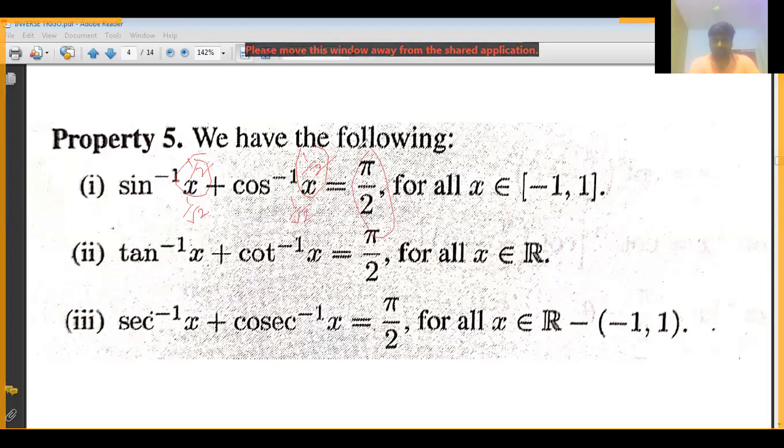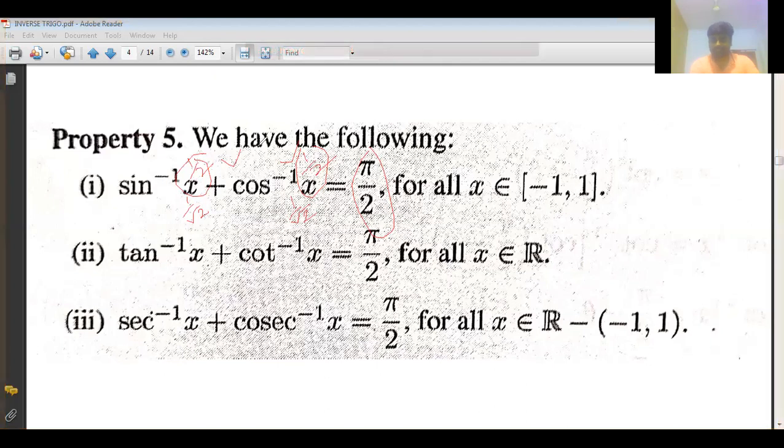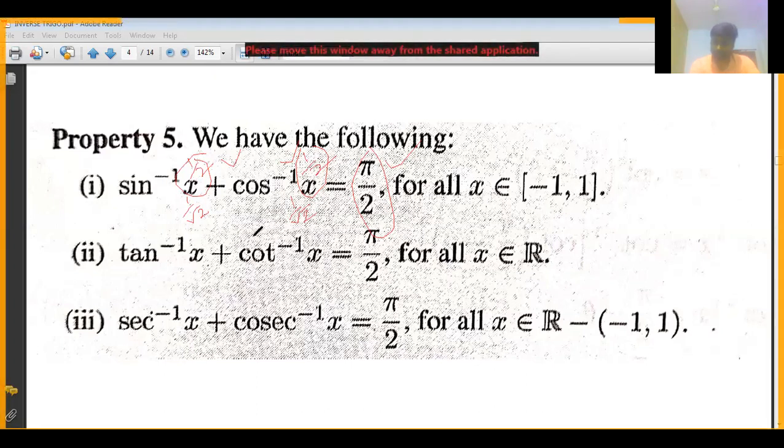So like that, by taking any value for x, sine inverse of x plus cos inverse of x, that result is pi by 2. Same for tan inverse of x plus cot inverse of x also pi by 2. Similarly, secant inverse of x plus cosecant inverse of x is also pi by 2.